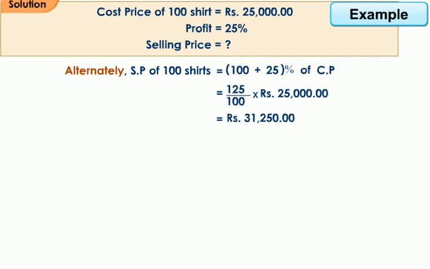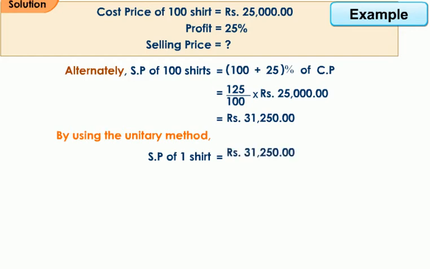And so by using the unitary method, the selling price of one shirt is given by dividing the selling price of 100 shirts by 100. That is rupees 31,250 by 100, which gives us rupees 312.50 as the answer.